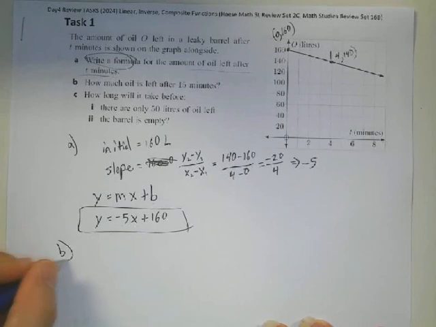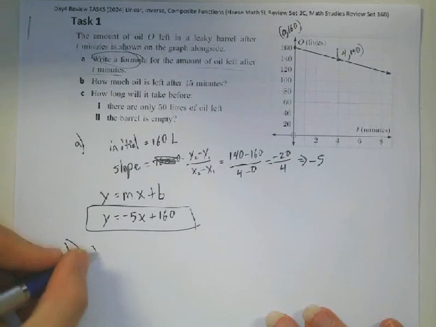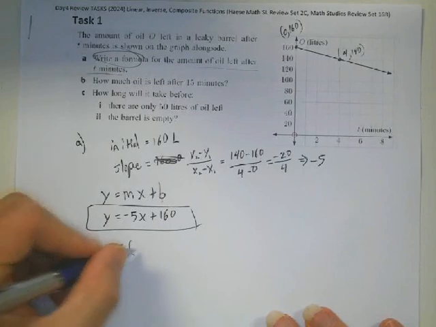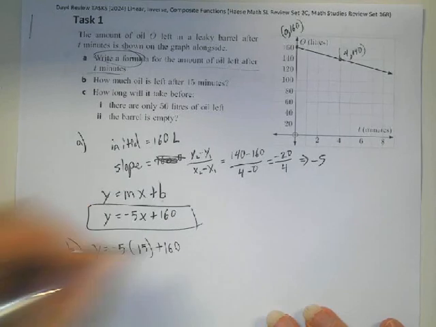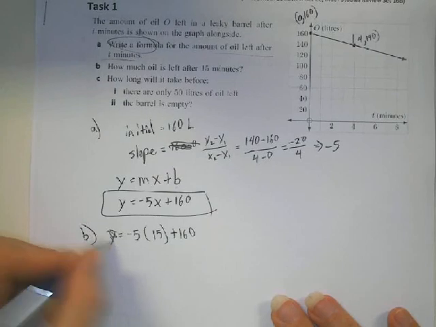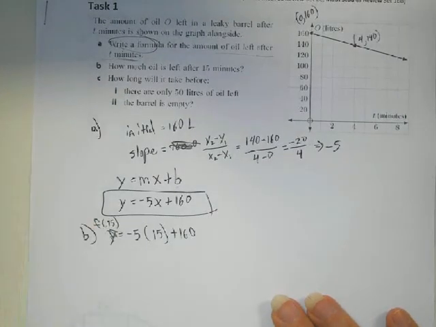B, how much oil is left after 15 minutes? So I'm going to take my equation, and I'm going to plug in 15. You could write this as f of 15 if I wanted to write it in function notation.